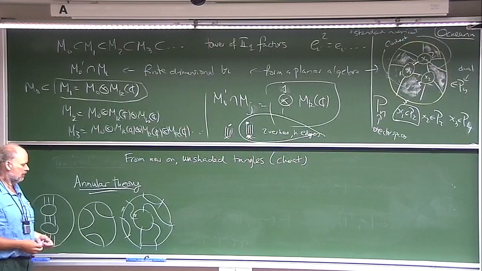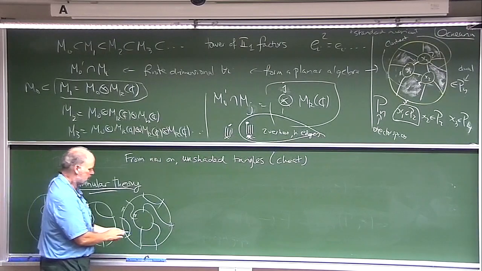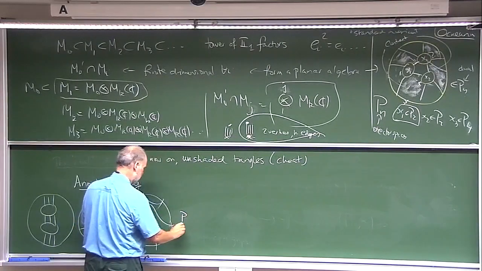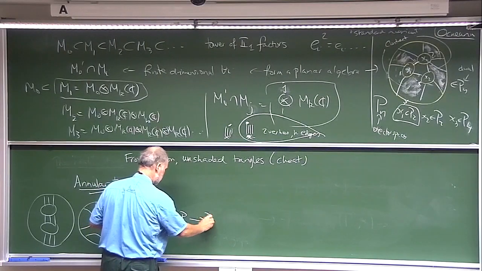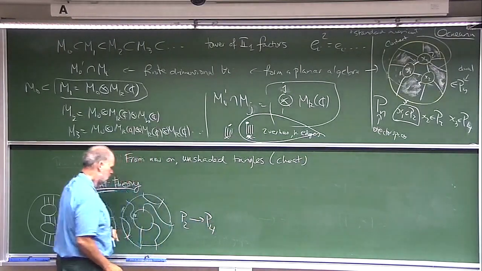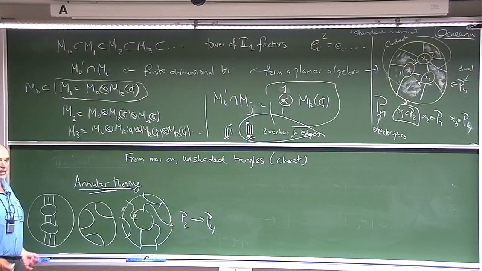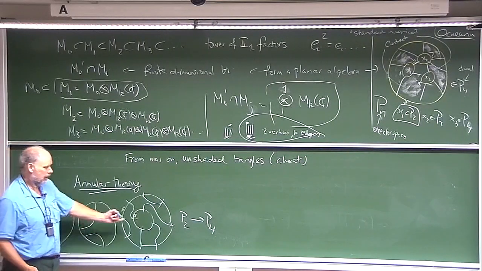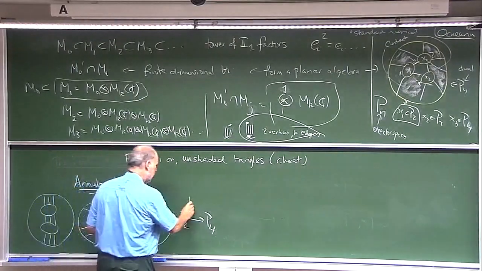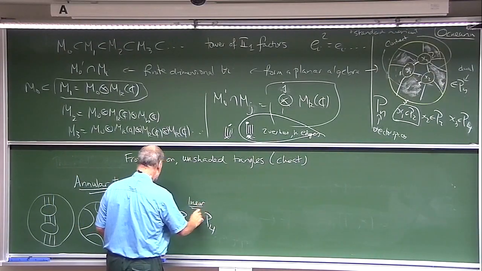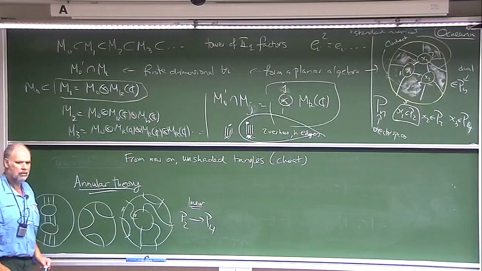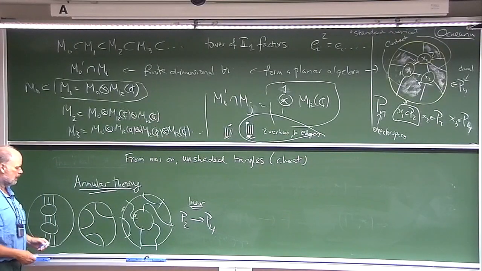On a planar algebra, this would give me an operation going from P2 to P4. By the axioms of planar algebra, I've drawn a planar tangle, so therefore I have a linear map from P2 to P4.